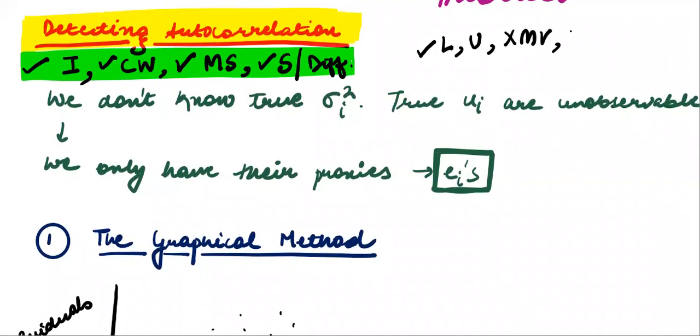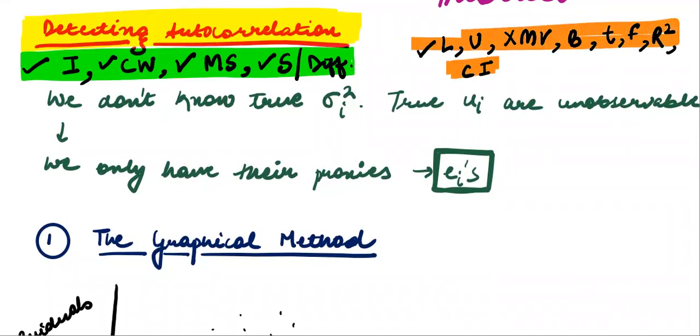And because the variance becomes biased, the t values, f values, r square, and confidence interval all give you wrong estimates. So these are some of the problems we saw because of autocorrelation.